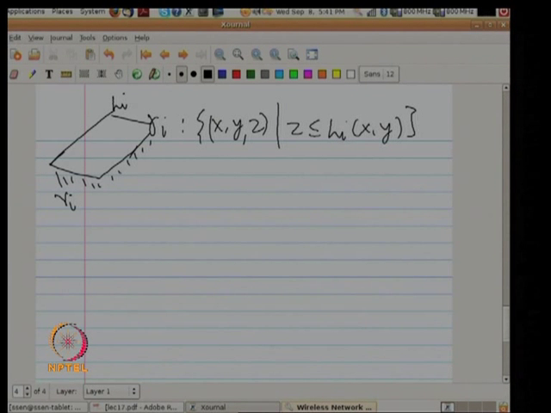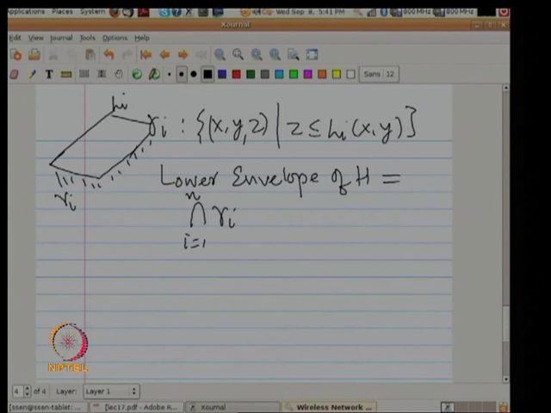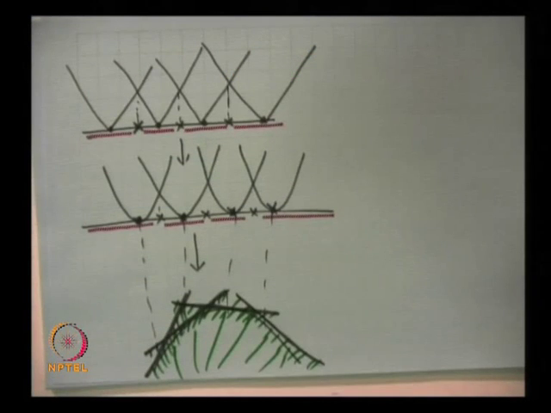Then the minimization diagram of the low envelope is the same as the intersection of gamma I, which is what I drew here, that the low envelope of these lines is nothing but the intersection of these half spaces.